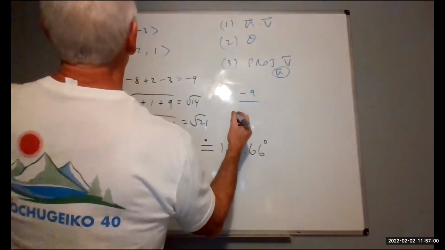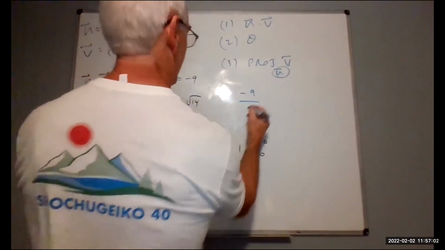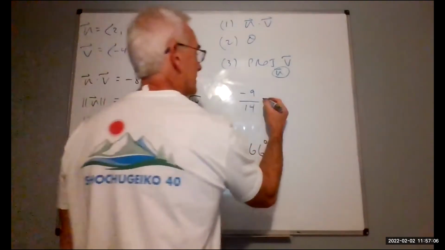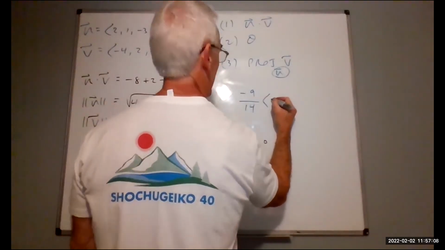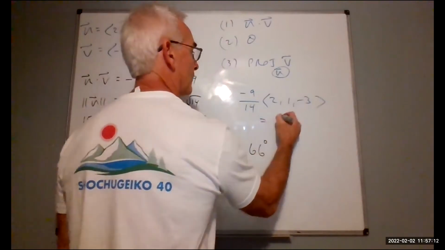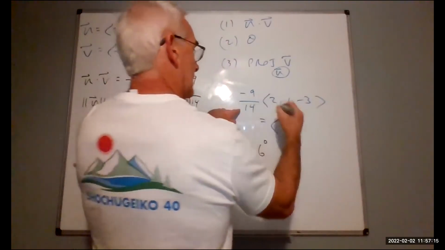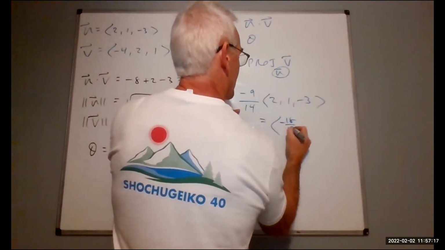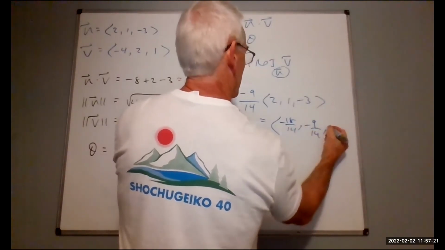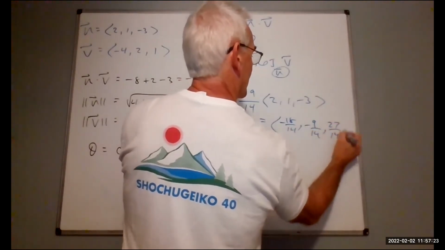So u dotted with u would be 14. I know that from this statement. And then I'm going to multiply that by 2, 1, negative 3, which would therefore be negative 18/14, negative 9/14, positive 27/14.